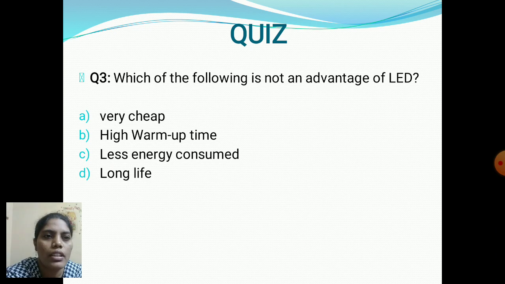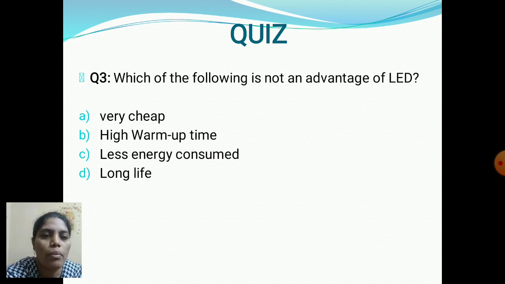Which of the following is not an advantage of LED? They are very cheap, high warm up time, less energy consumed, long life. So in advantages, we have seen these points. They are very cheap, they consume less energy, and they have long life.